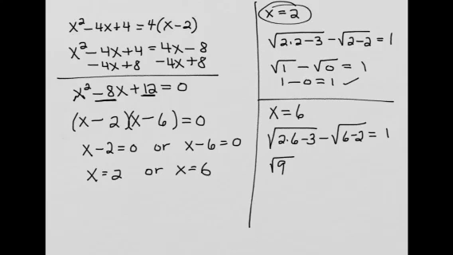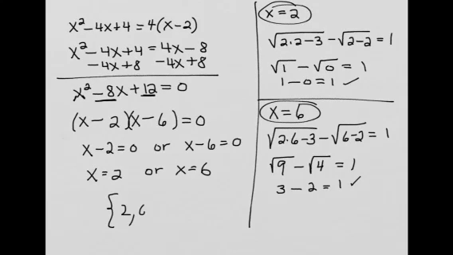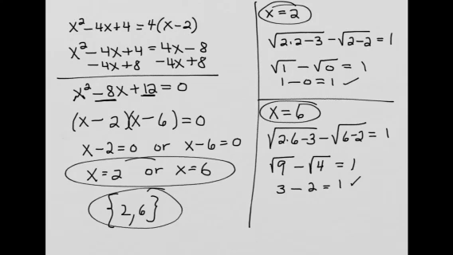So I have square root of 9 minus 6 minus 2 is 4, so then we have square root of 4 equals 1. 9 square root is 3, square root of 4 is 2, 3 minus 2 does equal 1, that checks. So this problem has two solutions, and you can write your solution set like this. Or you can just give x equals 2 or x equals 6. And that is the final answer.